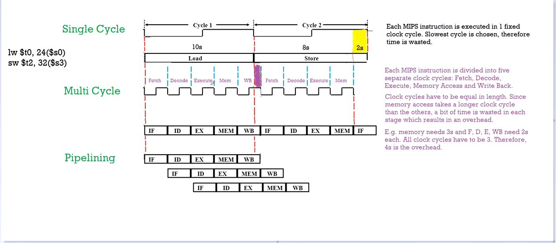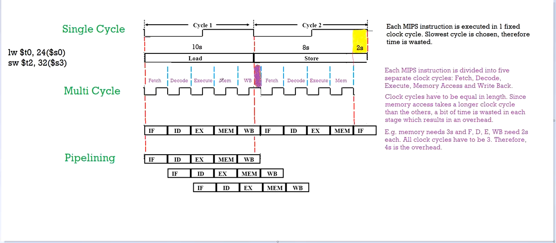But the problem in the multi-cycle execution here is this. Try to understand the problem here. The load instruction is made up of 5 different clock cycles, 5 stages, right? So fetch, decode, execute, memory, and write back.